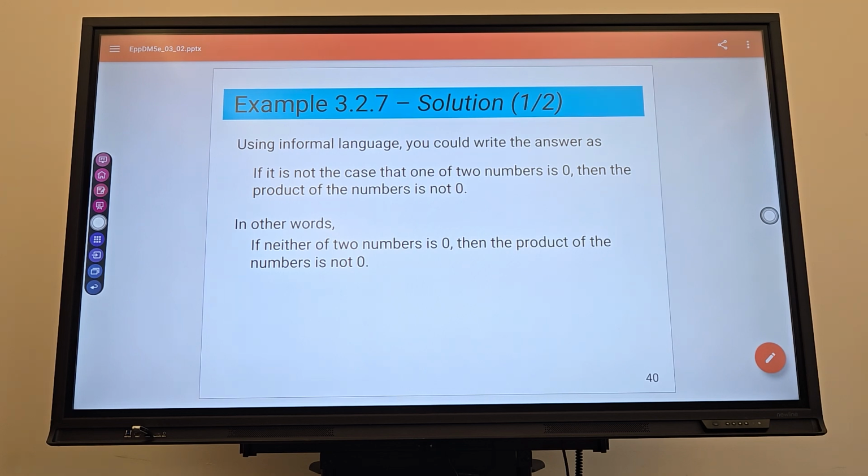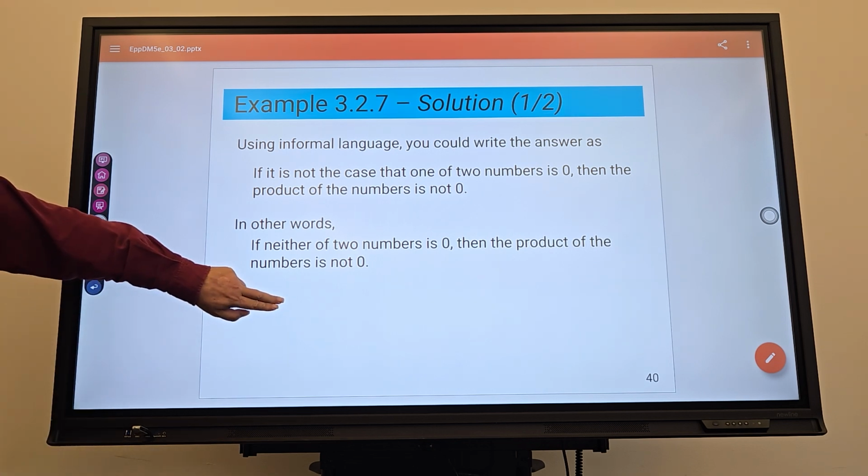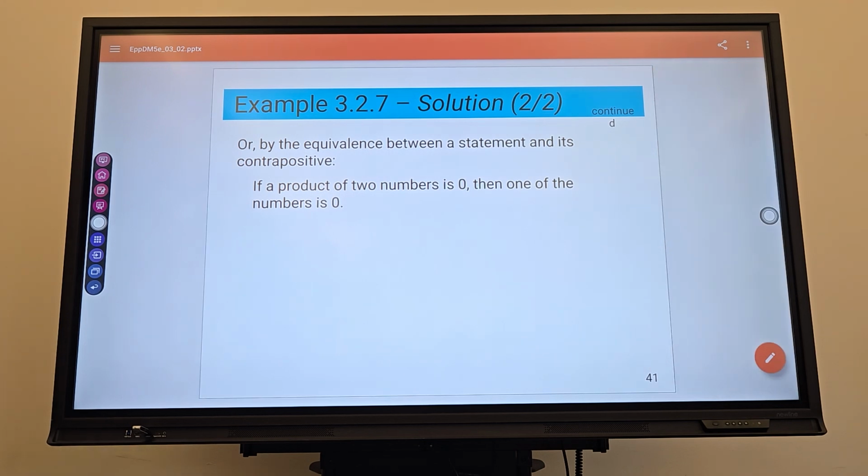Yeah, if neither one of the numbers is 0, then the product of the numbers is not 0. Let's see. Yeah, if the product of two numbers is 0, then at least one of the numbers is 0.